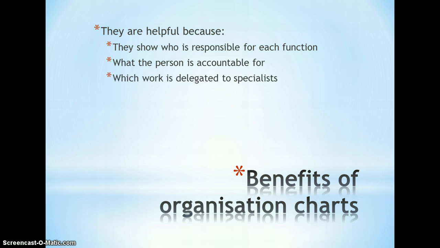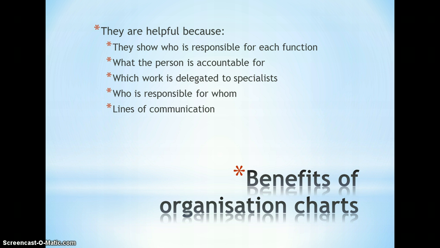It shows which work is delegated to specialists. Okay, so if there is a specialist, that will be shown on there, and we can see who has ultimate responsibility for that. It shows who is responsible for whom, so that's important when looking at teams, managers, workers, and so on. And it also shows the lines of communication.